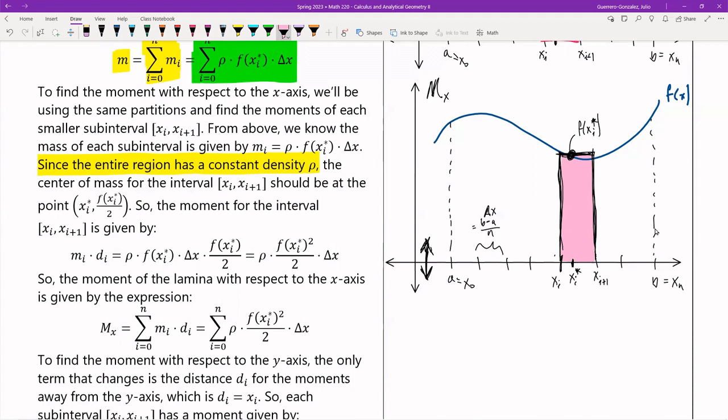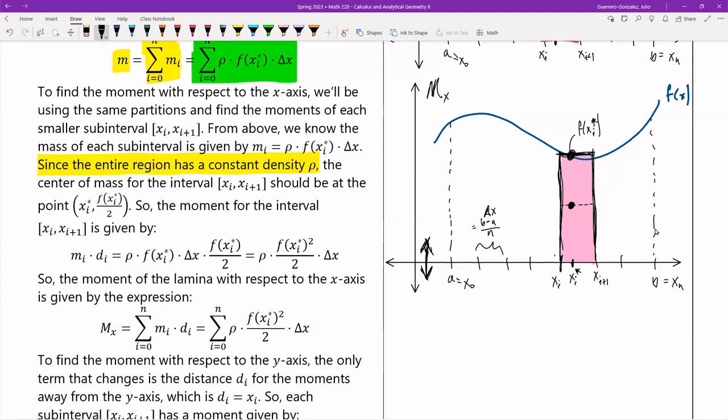Since the density is constant, there's no more material in our shape than in any other point. Then if we wanted to balance this pink sliver right here, we should be able to set our pencil right smack down the middle. In particular, we should be able to put our pencil right here.